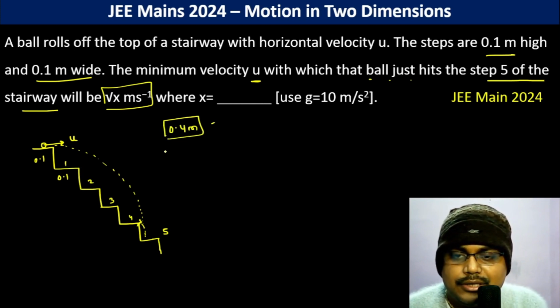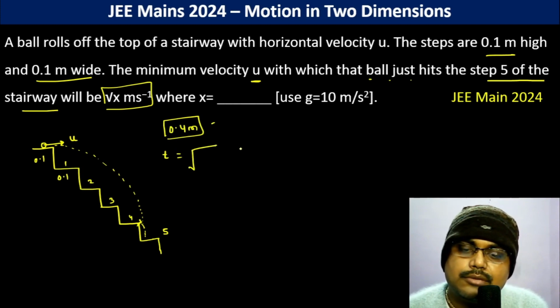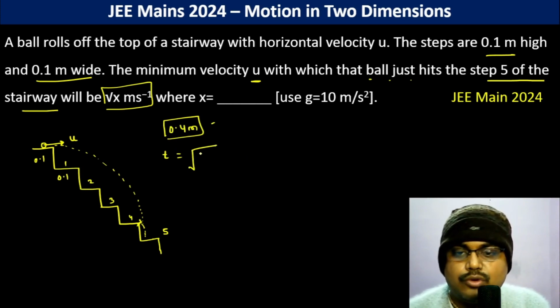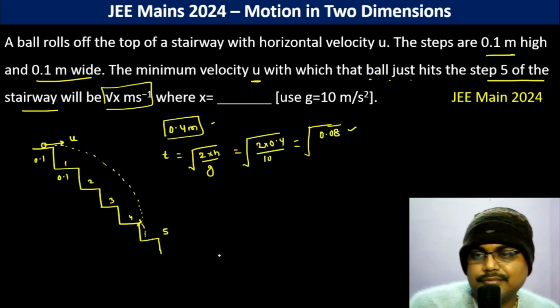Okay, time taken should be, the time taken becomes root over 2 into h by g. So this is root over 2 into 0.4 divided by 10, which is root over 0.08. That is the time taken.